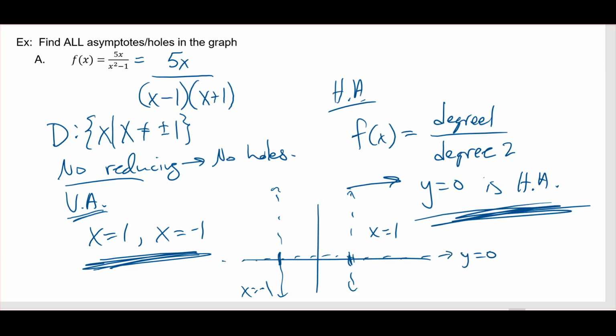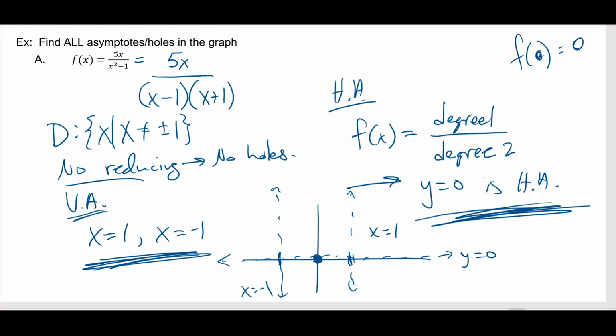So we got our asymptotes on the graph, and then we should think about other points that we ought to include. Maybe if you put in 0, f of 0, that's going to be a vertical, excuse me, I'm just so into saying horizontal and vertical right now. I forgot the word intercept. So f of 0 is going to give you your y-intercept, which in this case is 0.